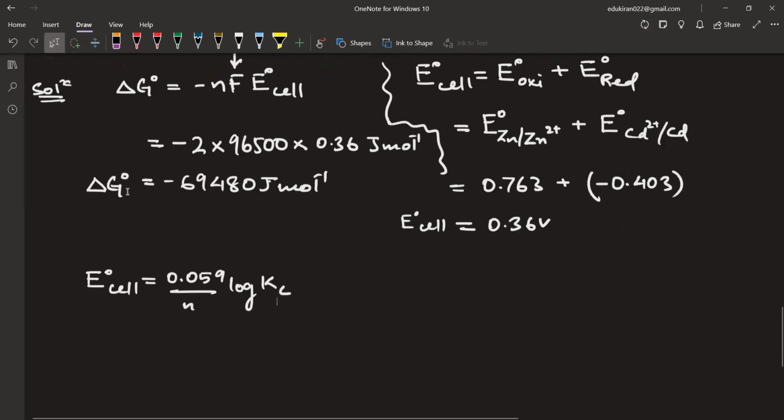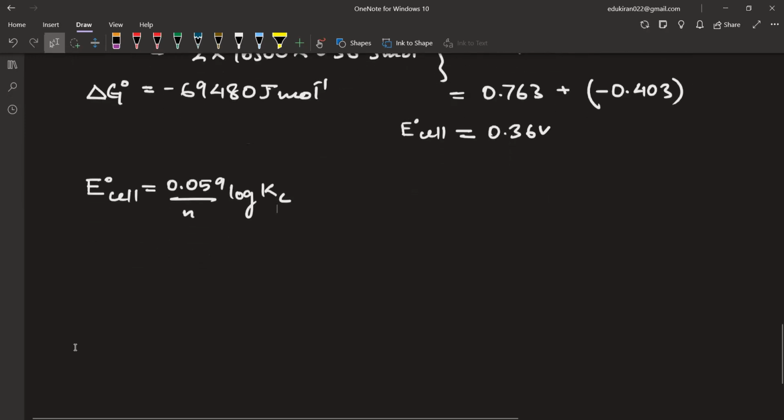Do you guys need help? नो ना. You have the value of E naught cell 0.36. You have the value of n, है ना. कैलकुलेट कर लीजिए.